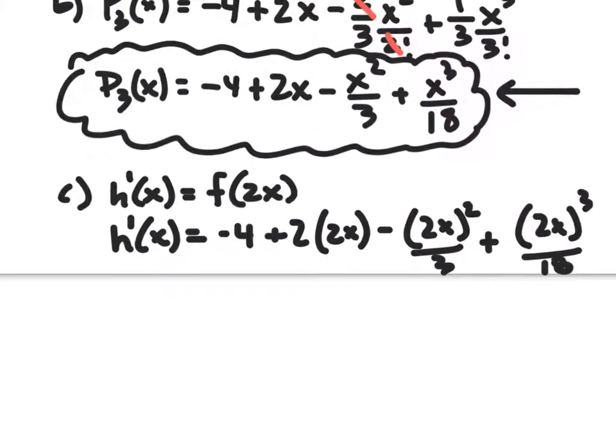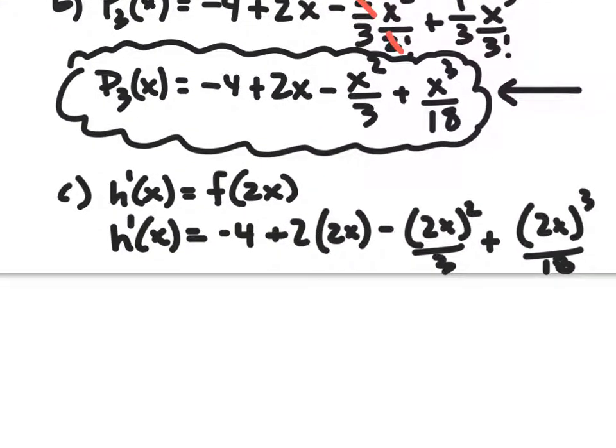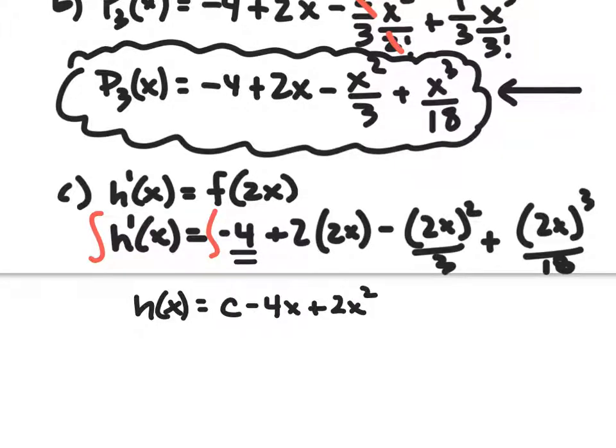Okay, so check this out. If I want h of x, what do I have to do to h prime of x? I have to integrate it. So I got to integrate this thing. Now I'm going to do something kind of funky. I'm going to put my constant first. So remember my plus c, so this would be minus 4x here. This right here is 4x, so that would be plus 2x squared. This term right here would be 4x squared over 3.